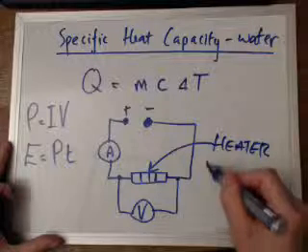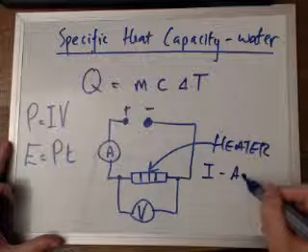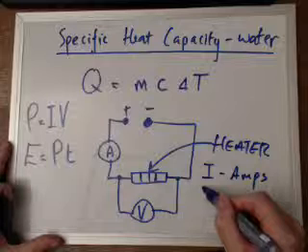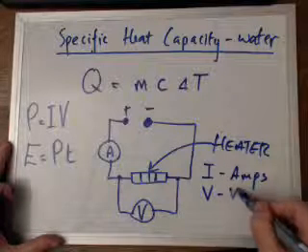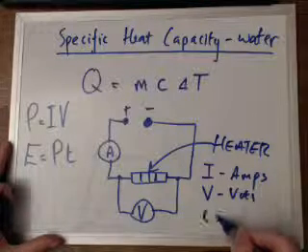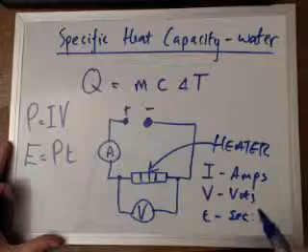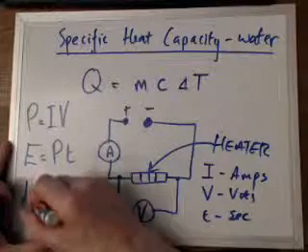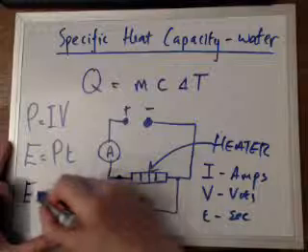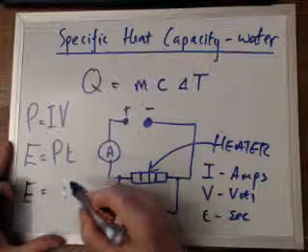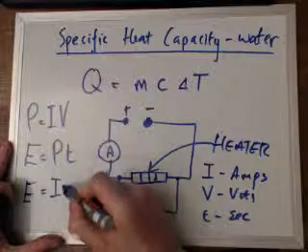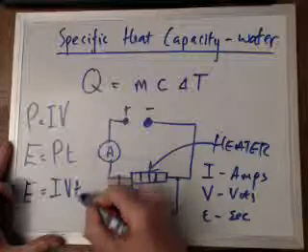So we have current in amps, voltage or potential drop in volts, and time in seconds. So altogether, you see that the electrical energy supplied is simply equal to the current times the voltage times the time.